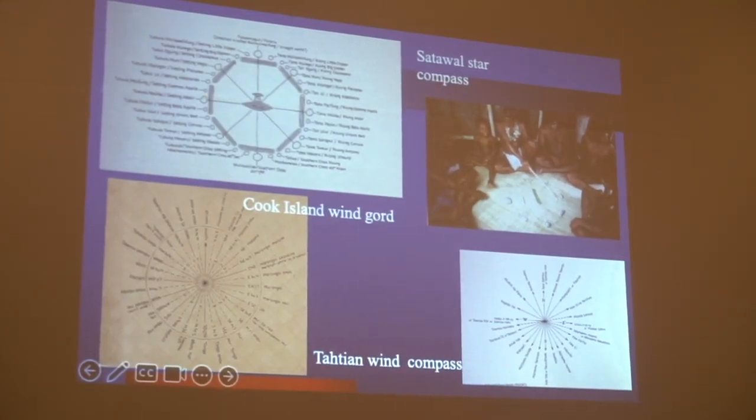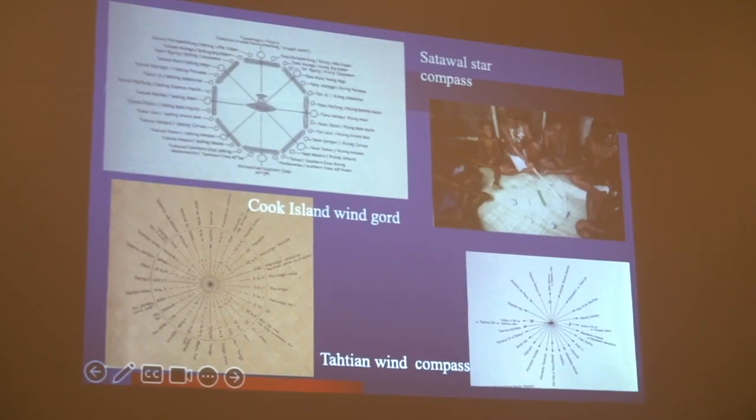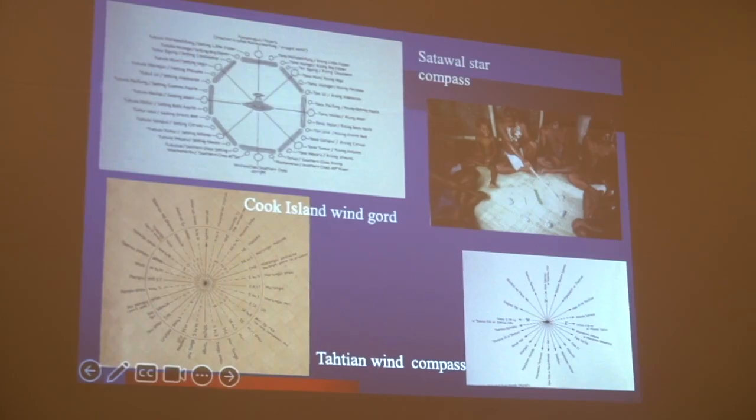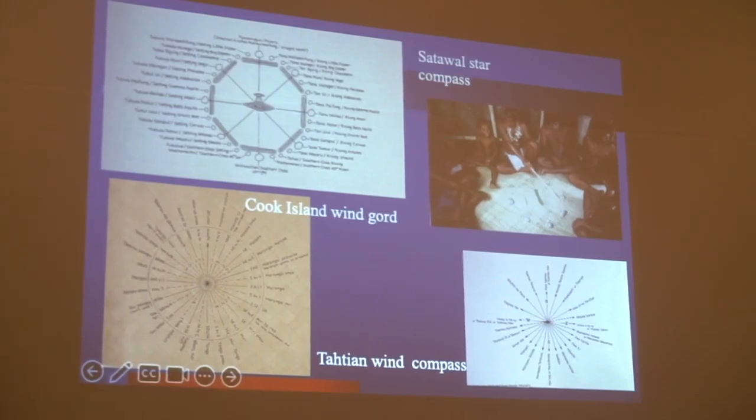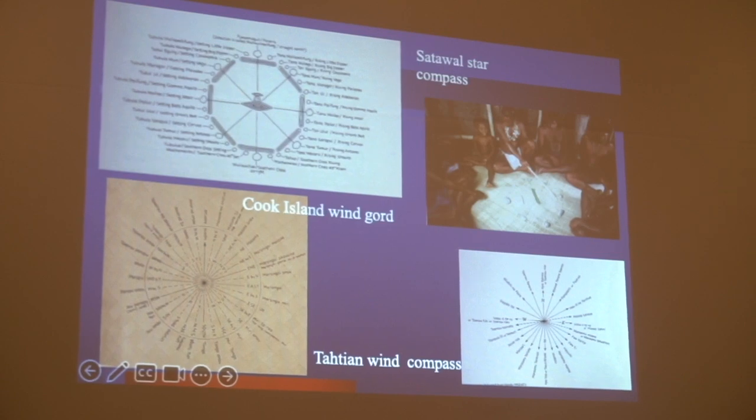And Micronesians, or at least the ones that Lewis studied with, called those avinga, or star paths. So they would come up at the same spot, and you could develop a compass from that and steer by them.